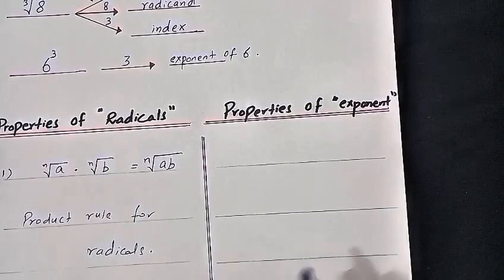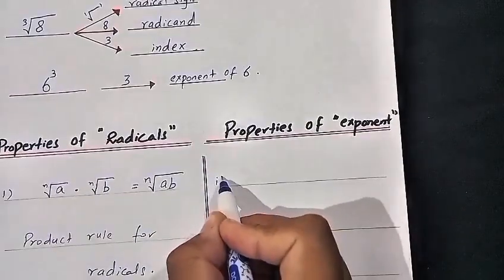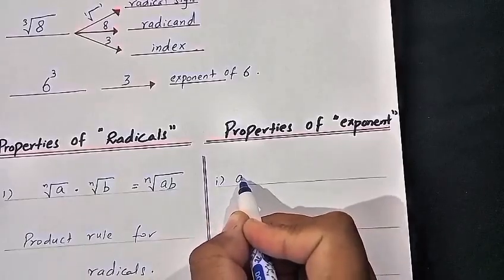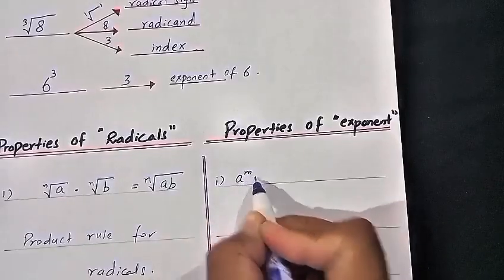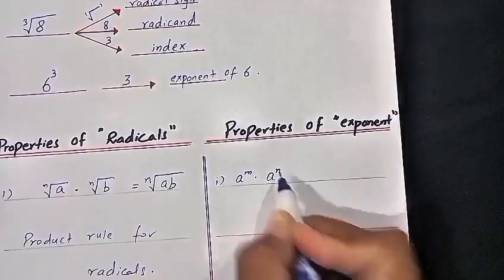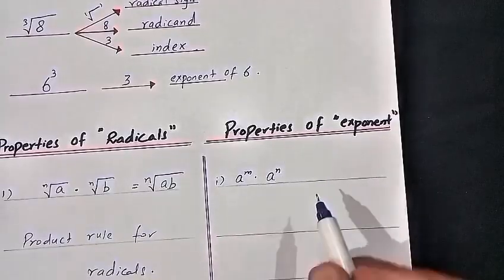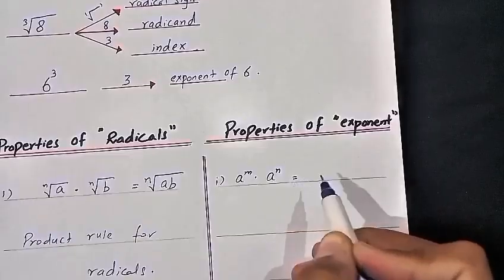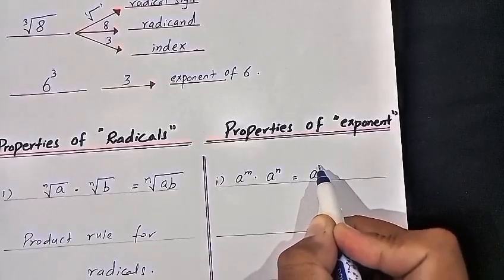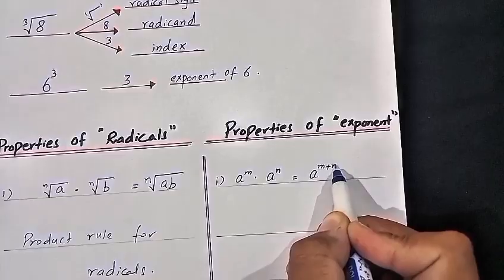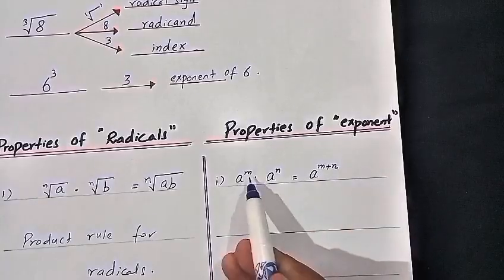Now we learn the properties of exponents. If there are two exponential expressions like a^m multiplied with a^n, here you can see the base is the same, so we can add powers, that equals a^(m+n).